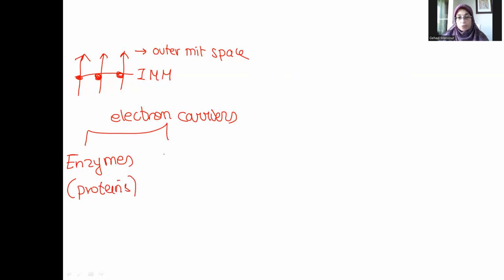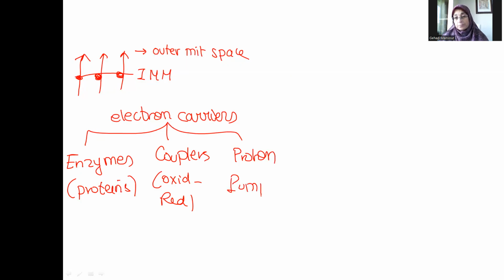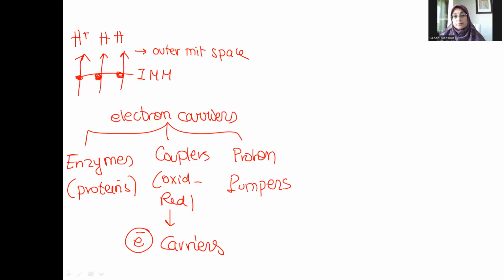Number two, they are couplers, because they couple oxidation to reduction. And number three, they are proton pumpers. Okay. Here, couplers, or coupling oxidation to reduction, is because they are electron carriers.